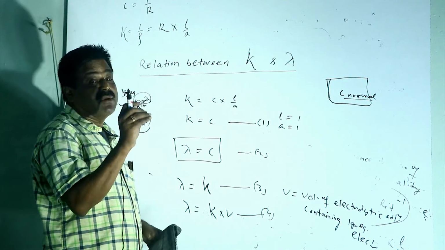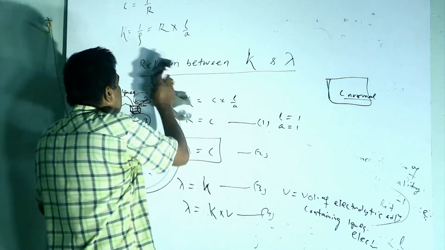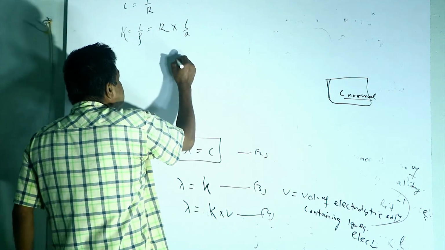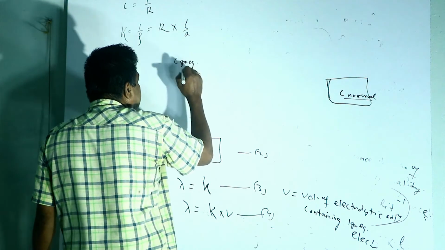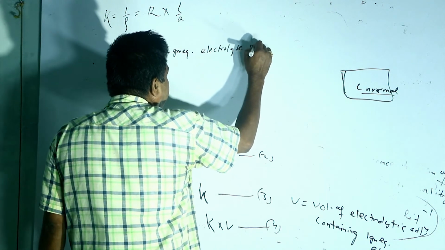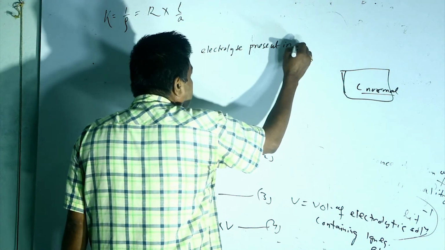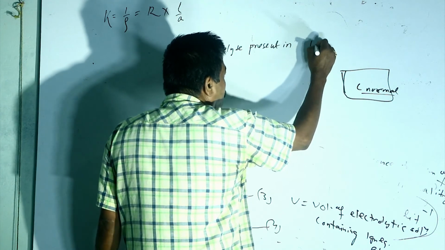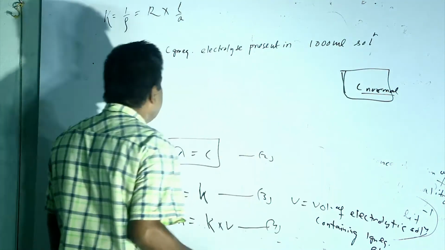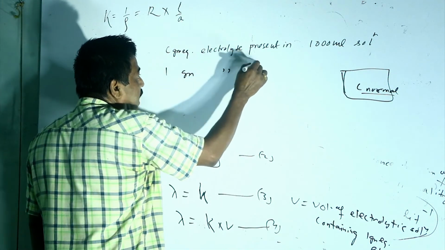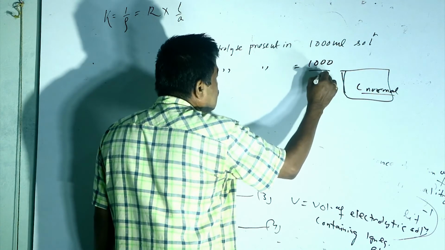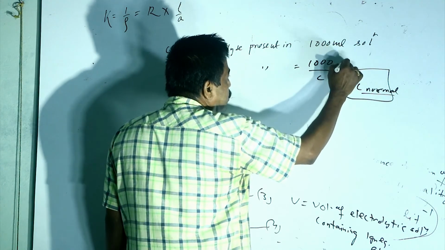That means C gram equivalent is present in 1 liter, or 1000 ml, of solution. Then 1 gram equivalent electrolyte is present in 1000 by C ml solution.